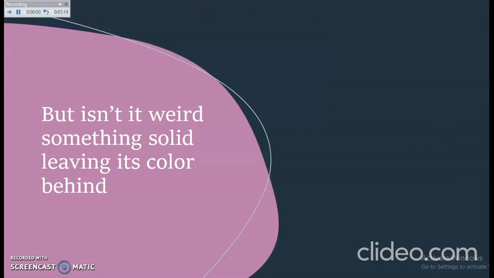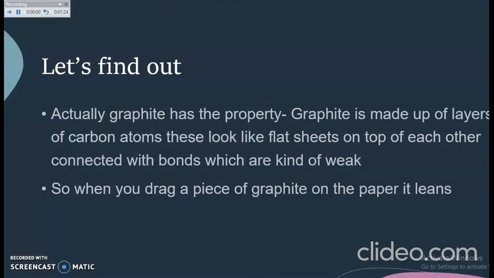So, okay, we understand. But isn't it something weird? A solid thing leaving its color behind. How can this happen? Actually, this is a very interesting part. Let us find out. This is a very beautiful property of graphite, that it is made up of layers of carbon atoms.